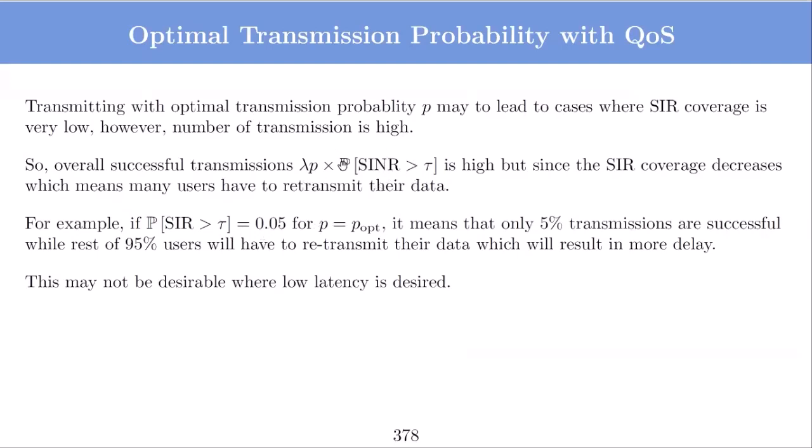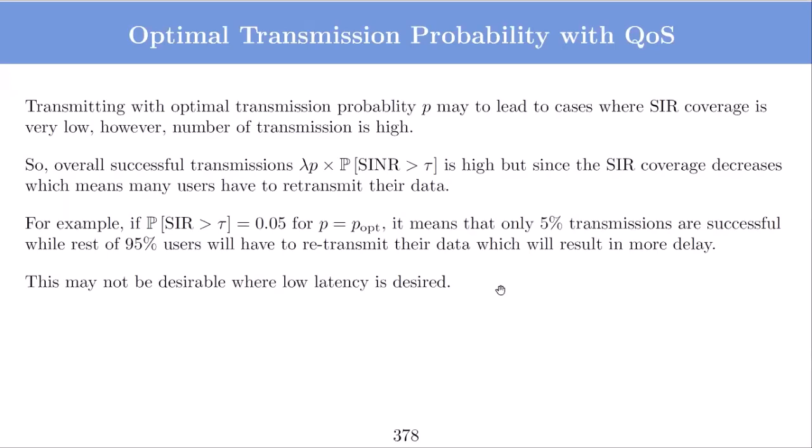Even if you're getting the maximum number of transmissions, only 5% of the transmissions are successful. It means every transmitter has to redo 95% of the communication. That is not desirable because every redo requires another set of overhead, like HARQ and other things, and that also causes latency.